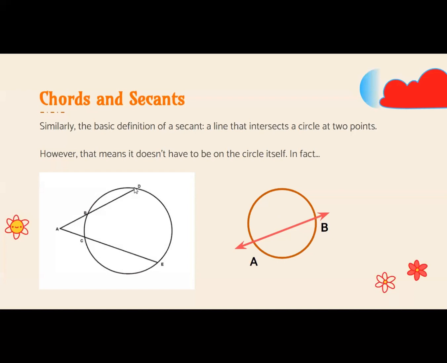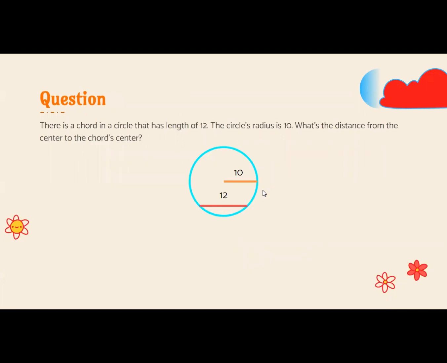So we have one endpoint here, but we don't have an endpoint here. It's pretty much just similar triangles, but you want to memorize the theorem instead of doing similar triangles every time. We're going to be learning about that later, so keep an eye out. So speaking of chords and secants and the Pythagorean theorem, you'll be needing it for this question.